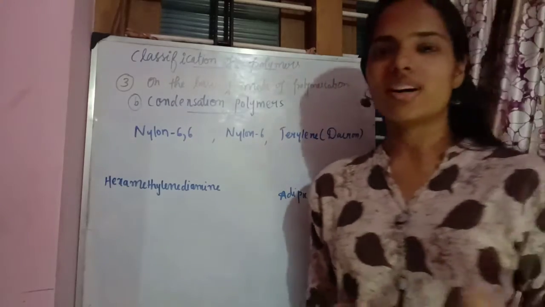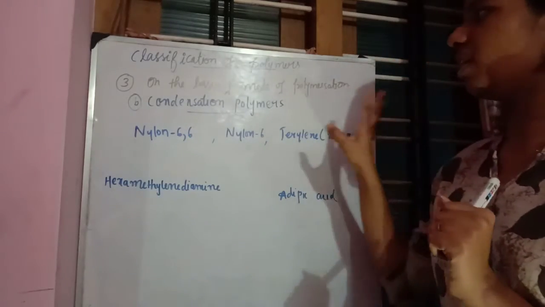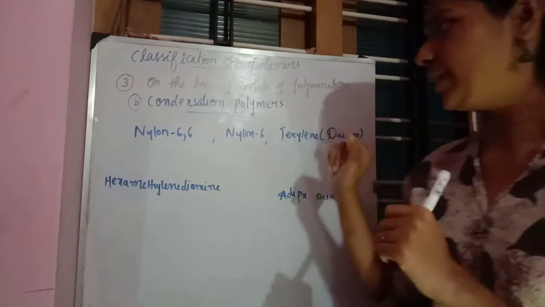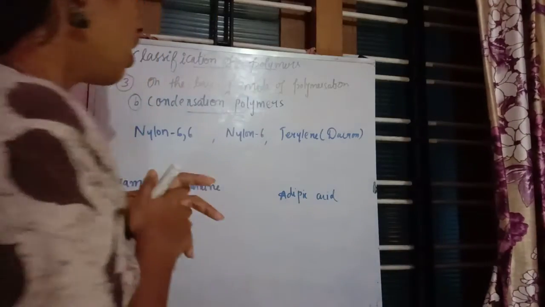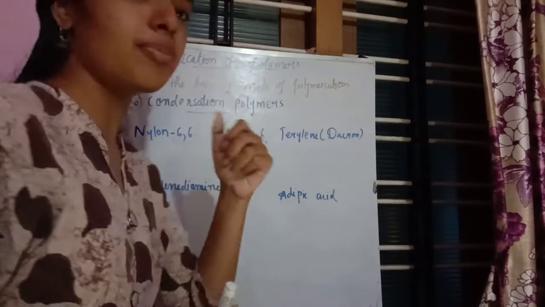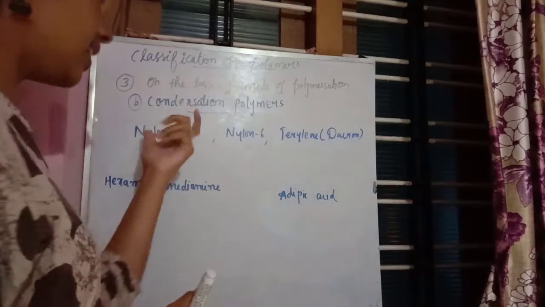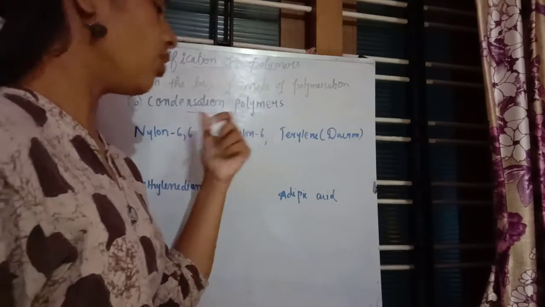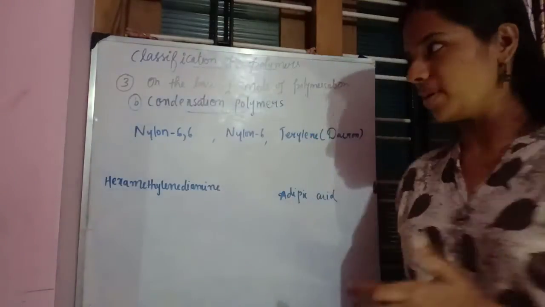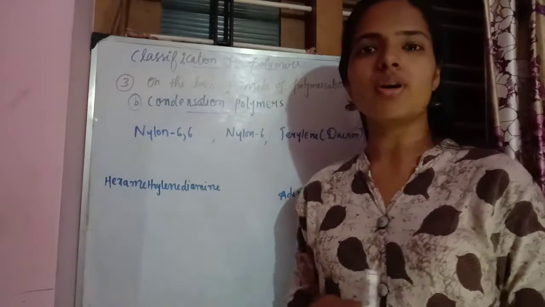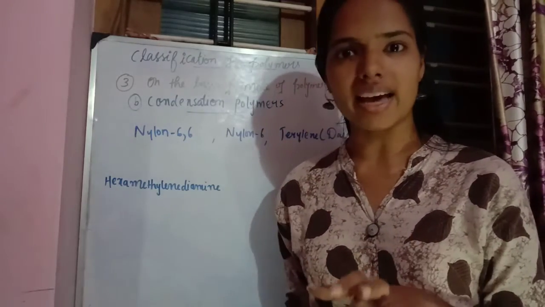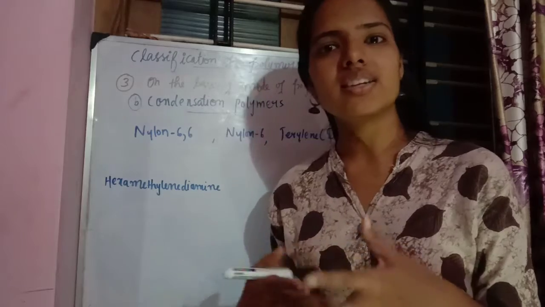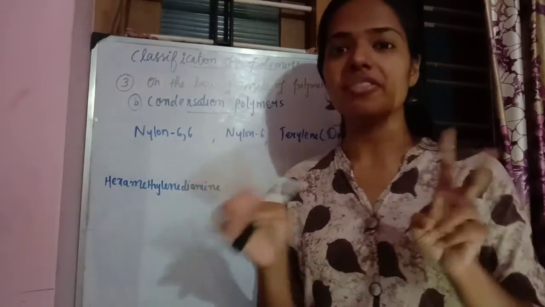Now let us look at the second type on the basis of mode of polymerization, that is condensation polymers, or you can call it condensation polymerization. Condensation polymerization means a reaction in which repeated condensation occurs between two different monomers.